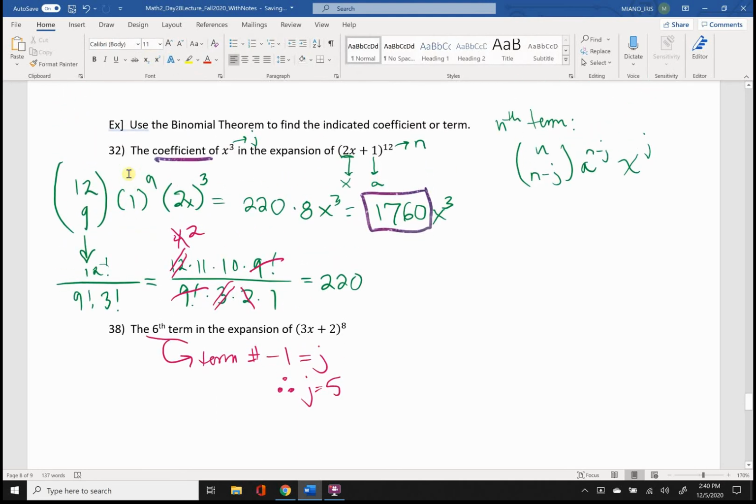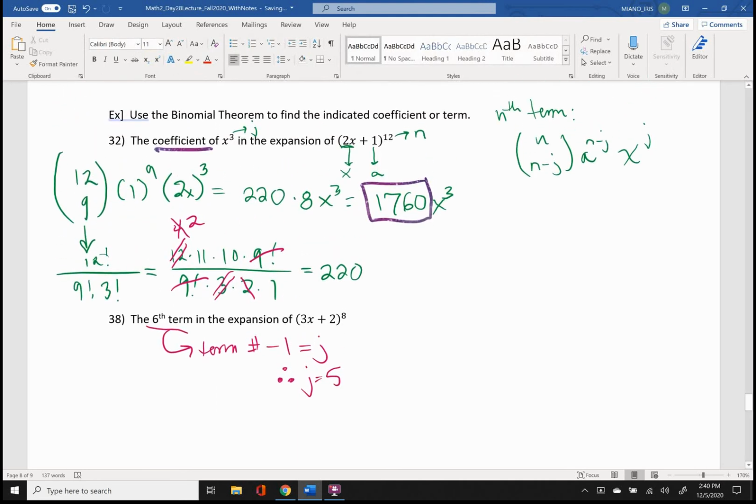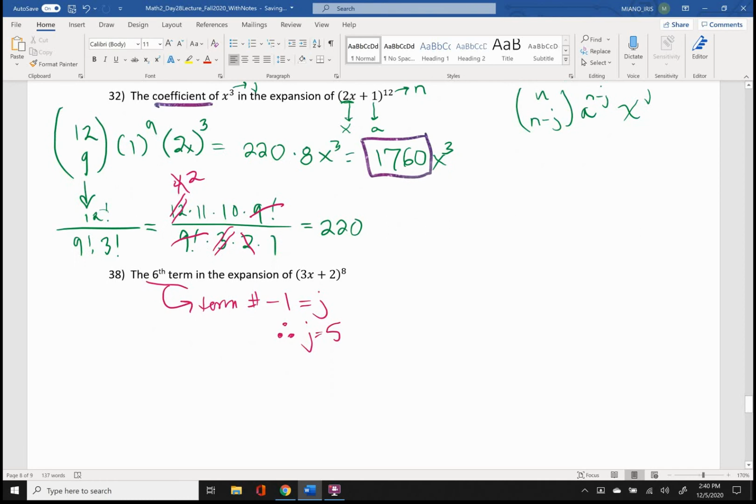It's this one right here, right? So we can see clearly that n equals 8, no problem there. We now see that j equals 5, a equals 2, and the x component is 3x instead of just an x. So using this formula, we will get the following.